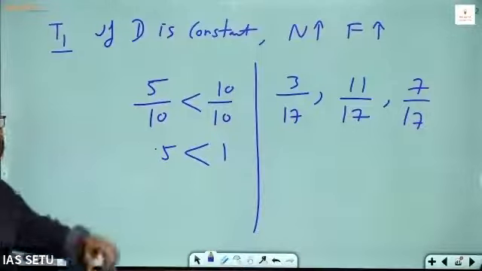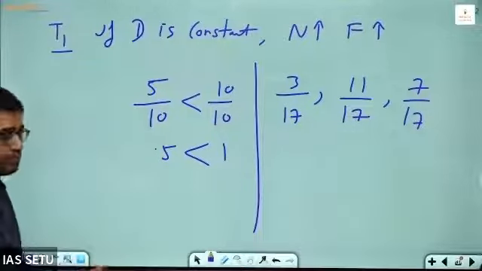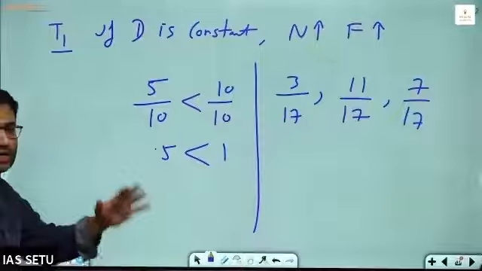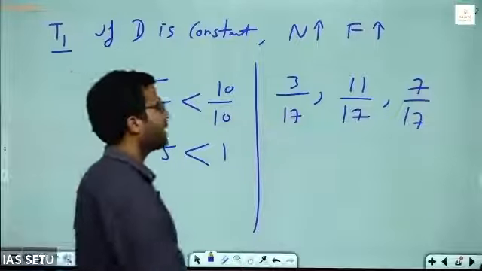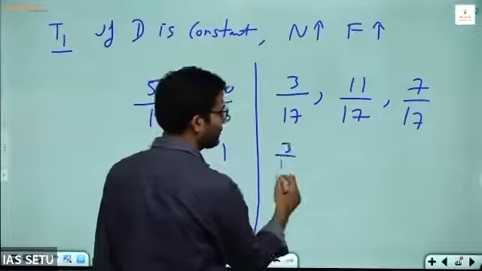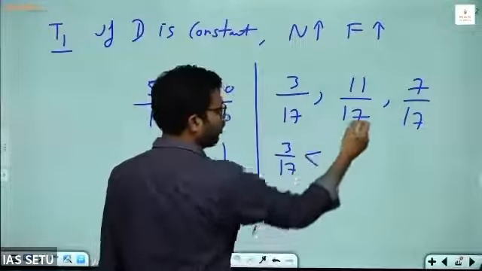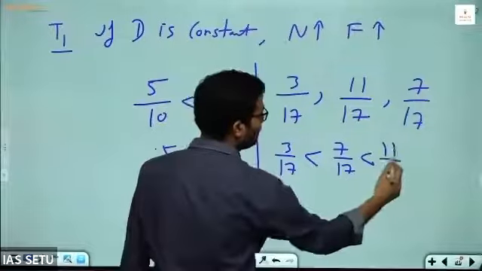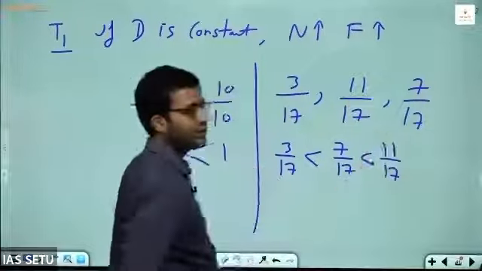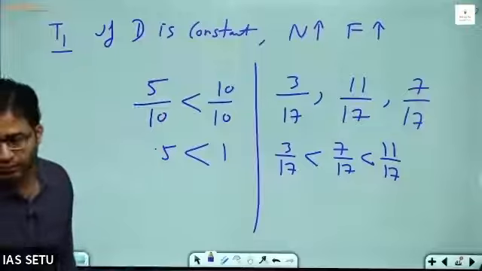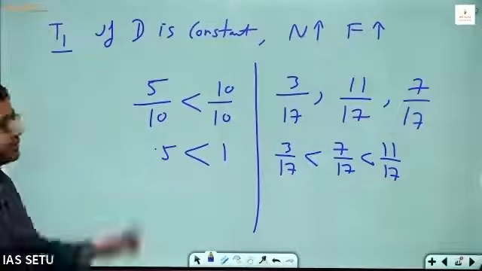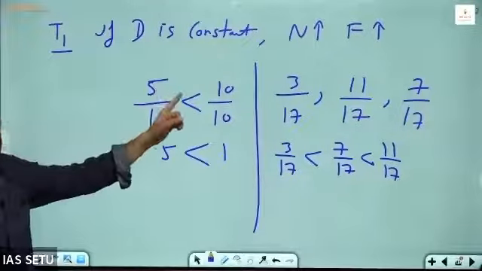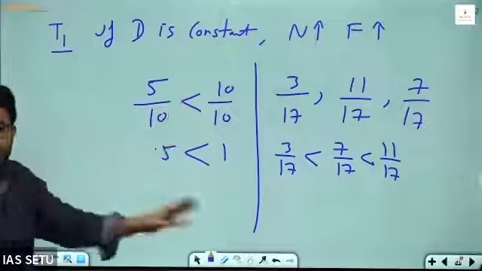We have to arrange these three in ascending order, from smallest to largest. So 3 by 17 is the smallest, is smaller than 7 by 17, and is smaller than 11 by 17. So 11 by 17 is the largest. Is this clear? If the denominator is constant, as the numerator increases, the fraction value increases.